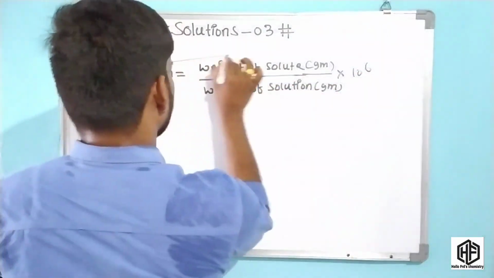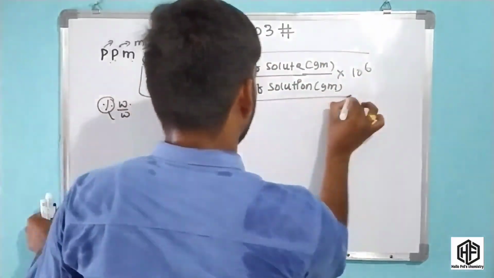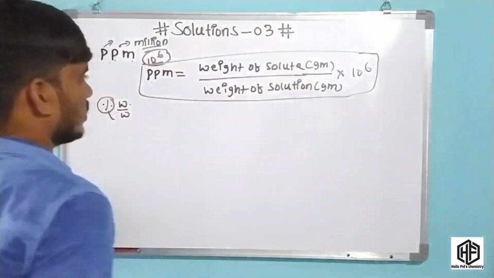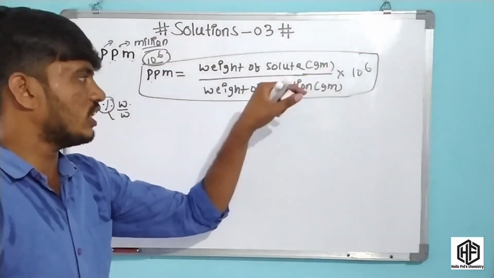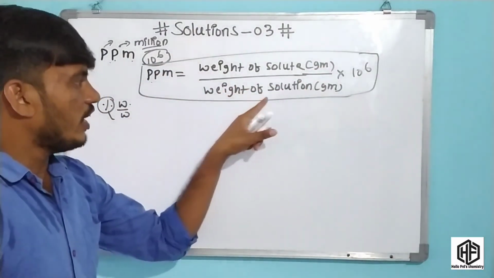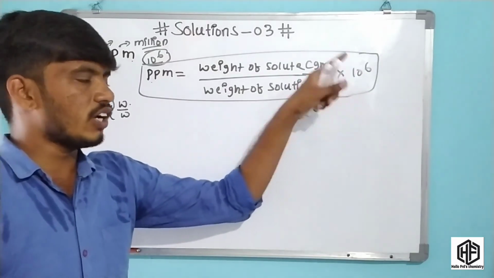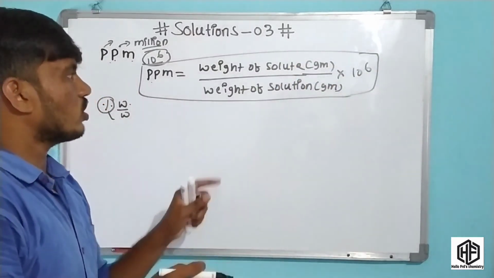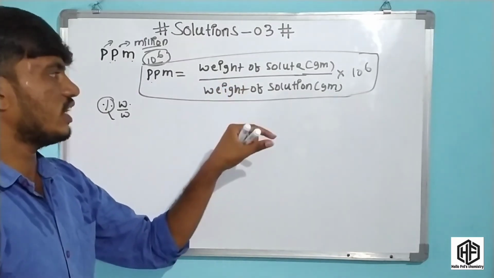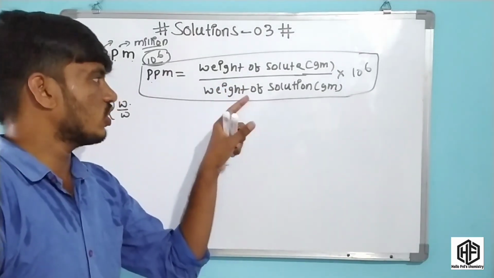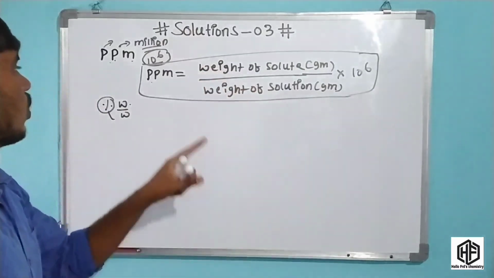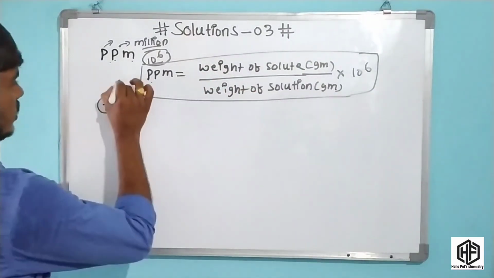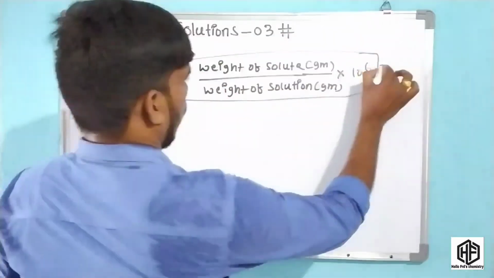This is the formula of ppm. It is the weight of solute in grams present in 10 to the power of 6 grams of weight of solution.